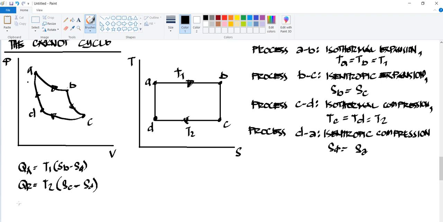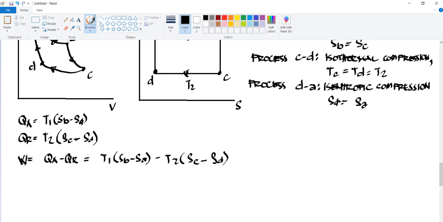Now for your work, that will be the Q absorbed minus your Q rejected, no? And it is equal to your T1 times the entropy at B minus the entropy at A, then minus your T2 times the entropy at point C and the entropy at point D. Or we can factor the equation by rewriting.